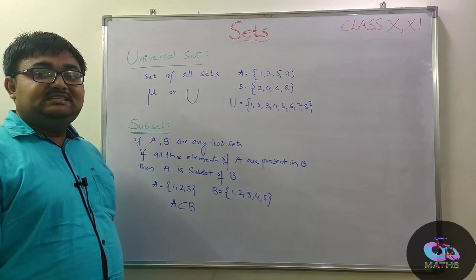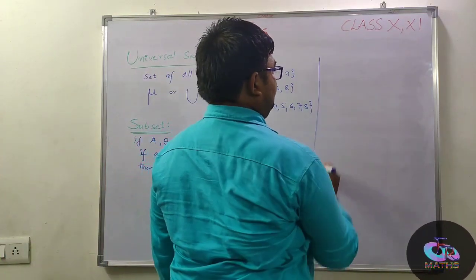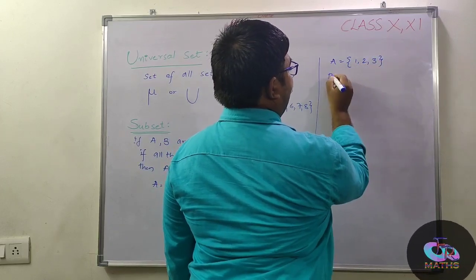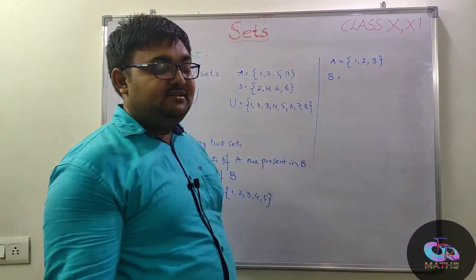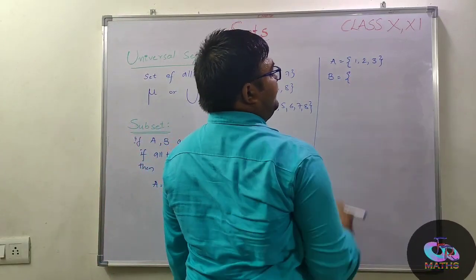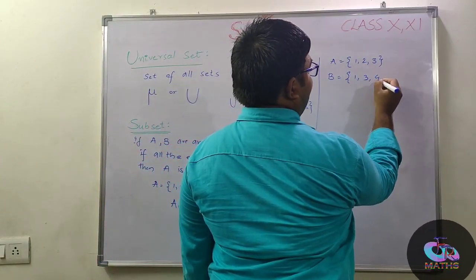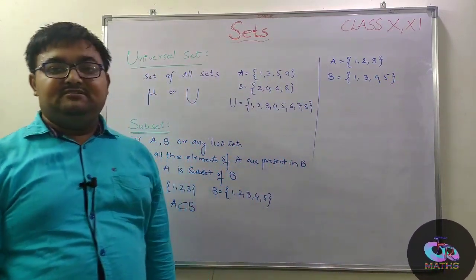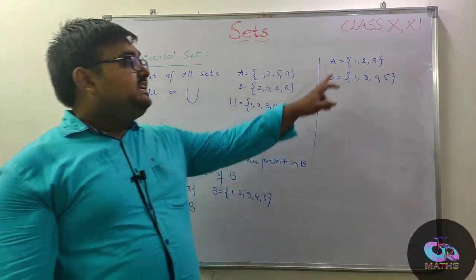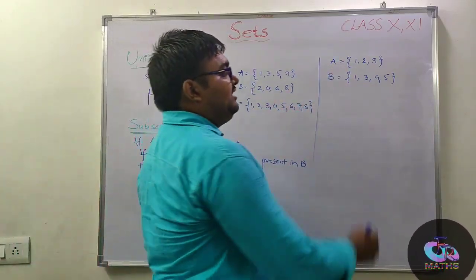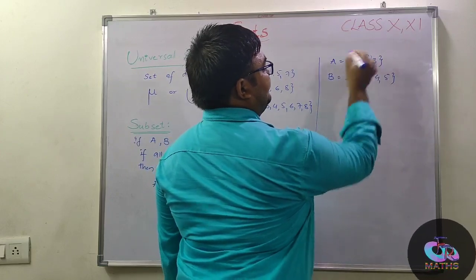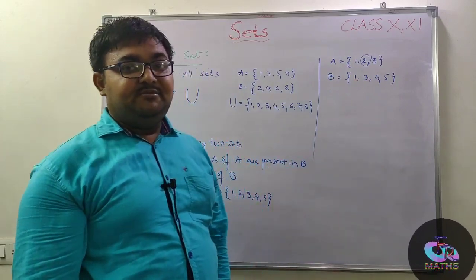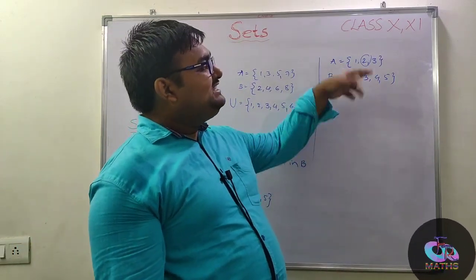Now let us consider one more example. Set A contains the elements 1, 2, 3, and set B contains the elements 1, 3, 4 and 5. Can you say A is a subset of B? Why can't we say that? Because the element 2 is present in set A but it is not there in B. Can you say B is a subset of A?